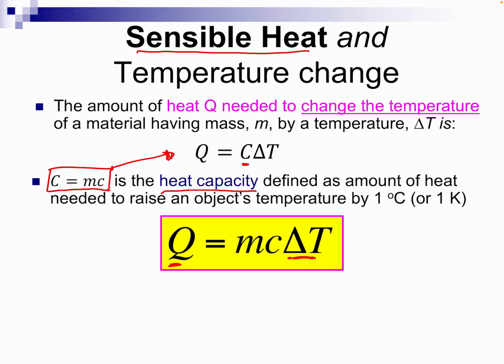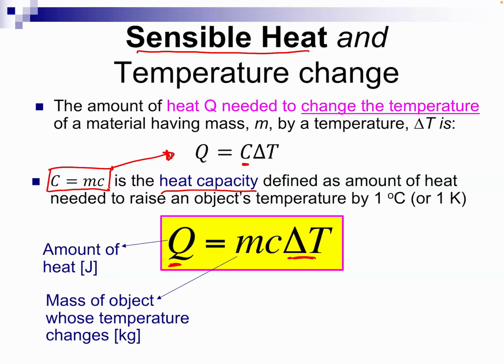So before we look at an example and before we go much further, let's just define each of these terms in this equation so that we're clear what they all mean. So Q, that's the amount of heat that's transferred. It's measured in joules, as shown in the square bracket here. Mass, that's the mass of the object whose temperature will change, right?